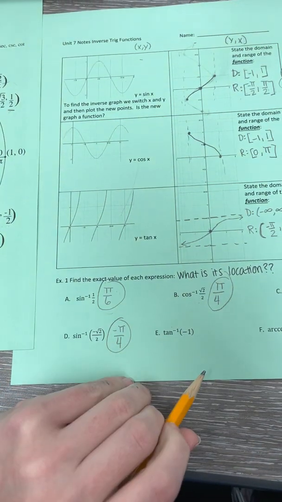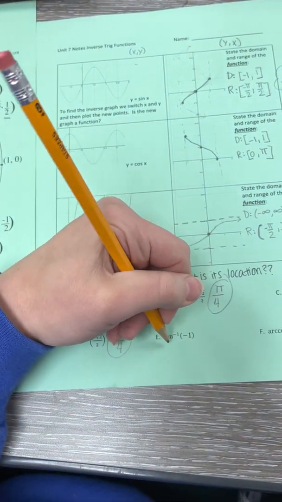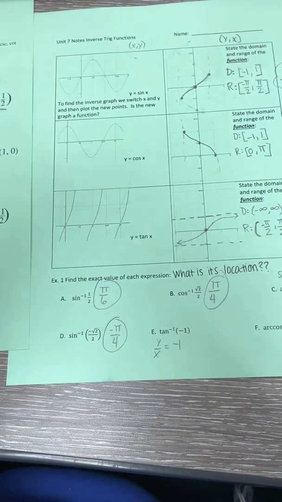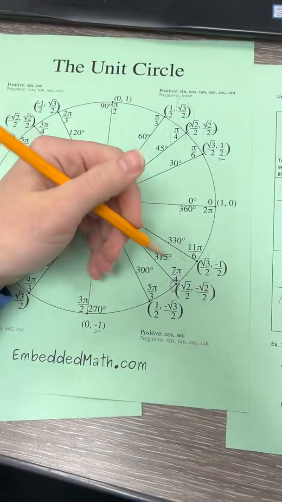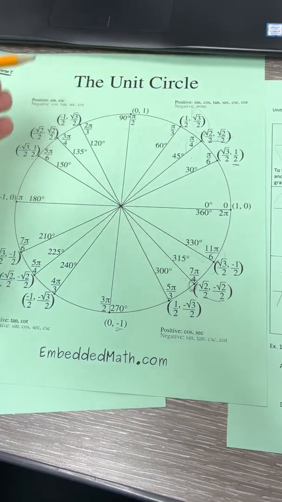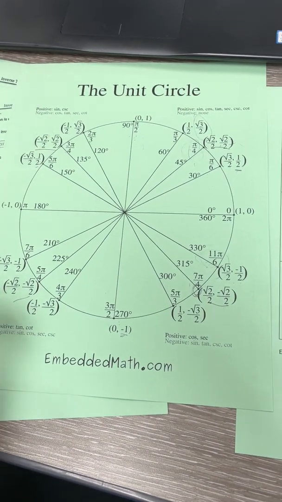All right, then we have tangent negative 1. So we need to find where our y over x is equal to negative 1. Now, I know that the only ones that produce a negative 1 as tangent are going to be the square root of 2 over 2, square root of 2 over 2 coordinates because they're the only ones that match.